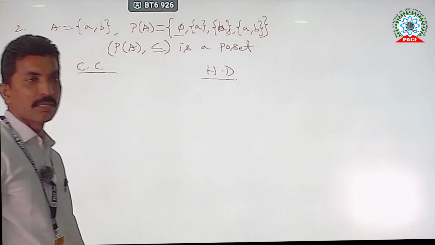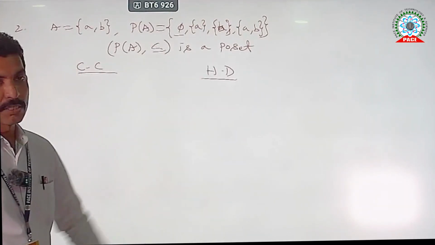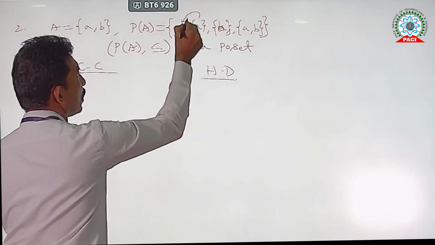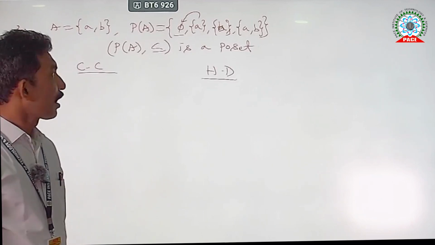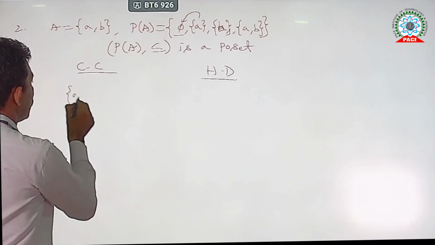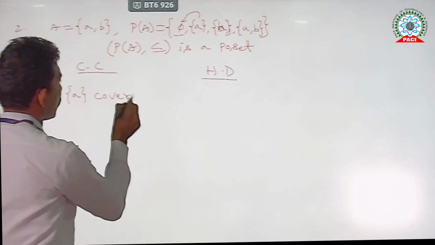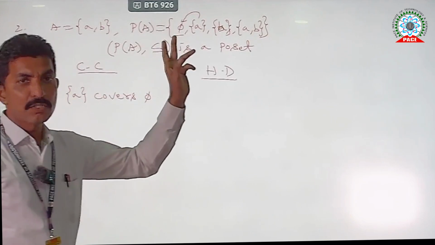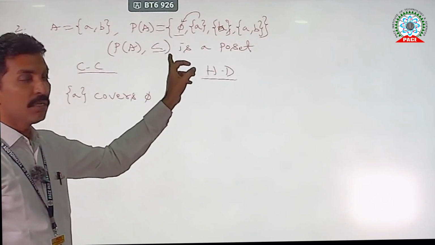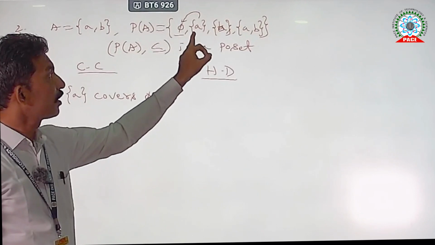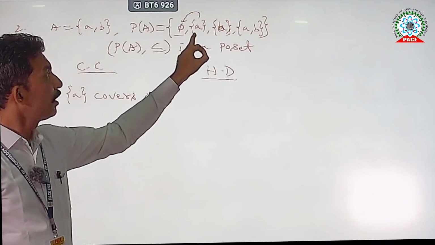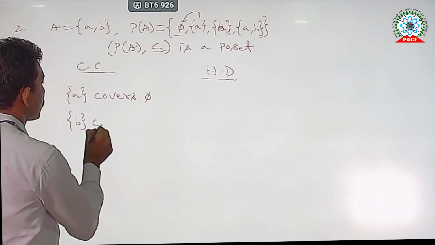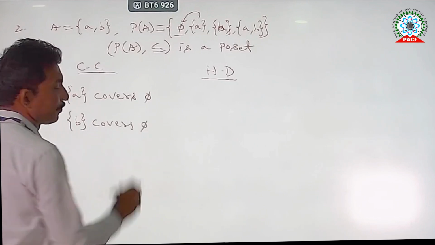So clearly singleton {a} covers empty, because empty is a subset of {a} and there is no other set such that empty is a subset of that set and that set is a subset of {a}. Next, {b} covers empty, because empty is a subset of {b}, first condition.